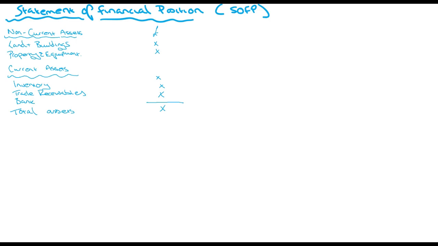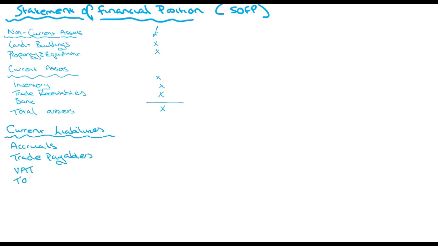So let's move on to the liabilities. Here we have current liabilities, and here we have accruals, trade payables, VAT or value added tax, and then we have total current liabilities.